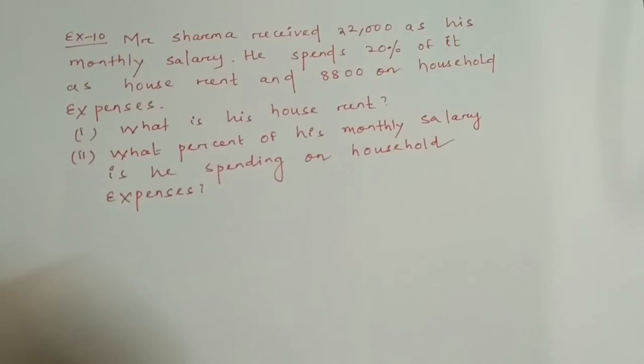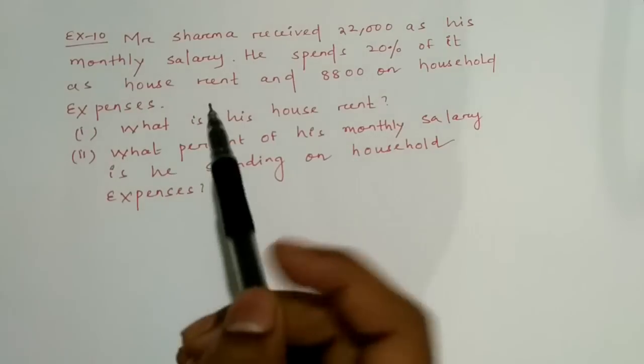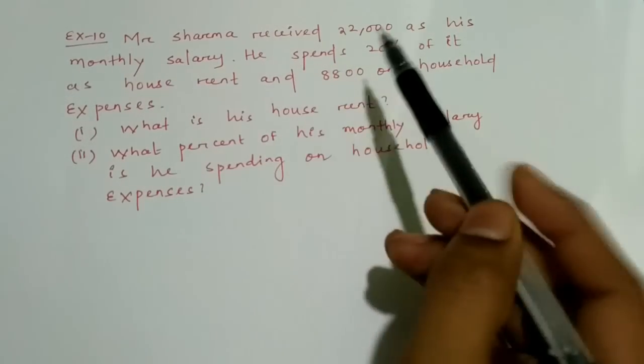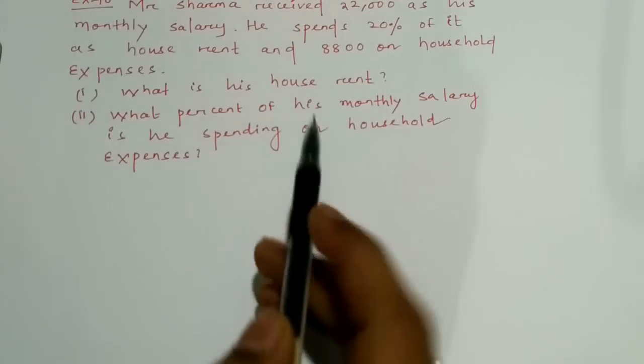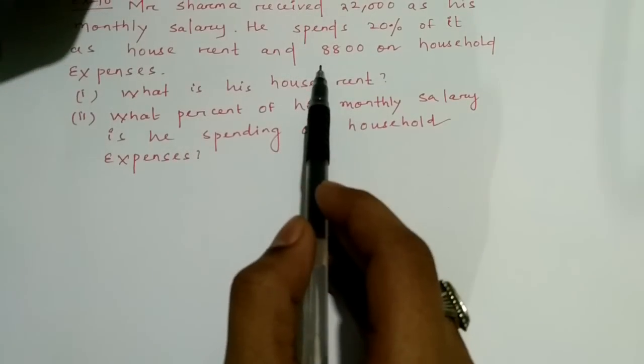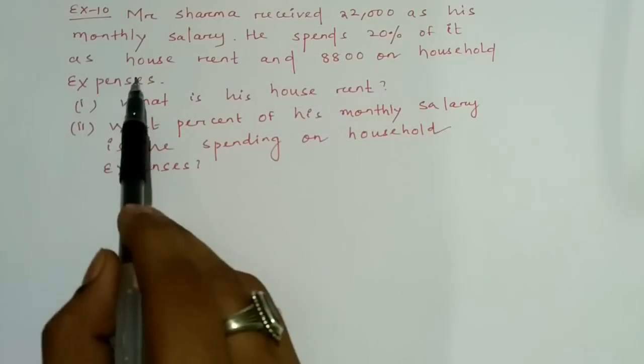So friends, the last question, exercise example 10. Mr. Sharma received 22,000 as his monthly salary. He spends 20% of it as house rent and 8,800 on household expenses.